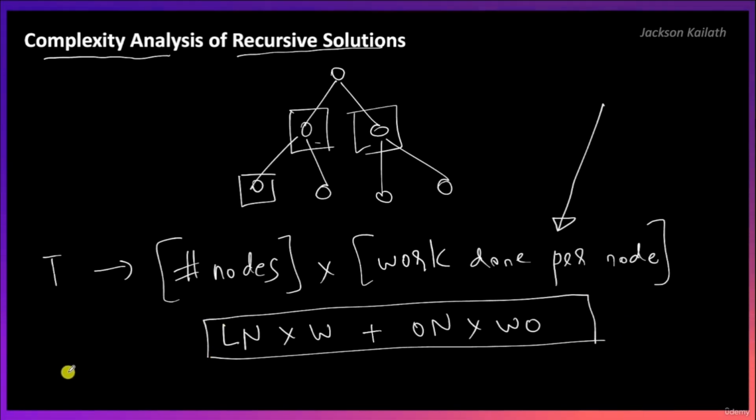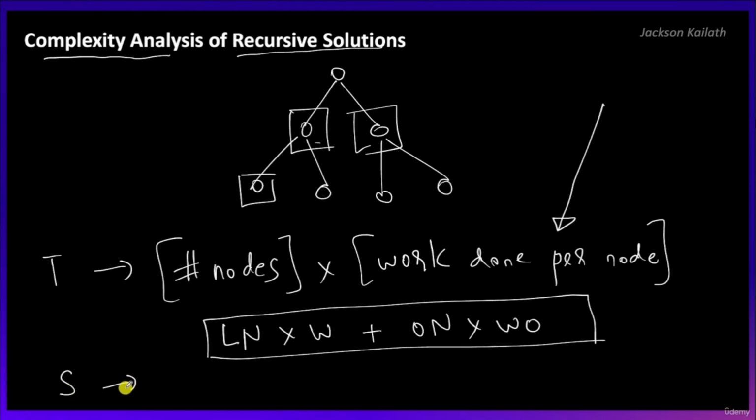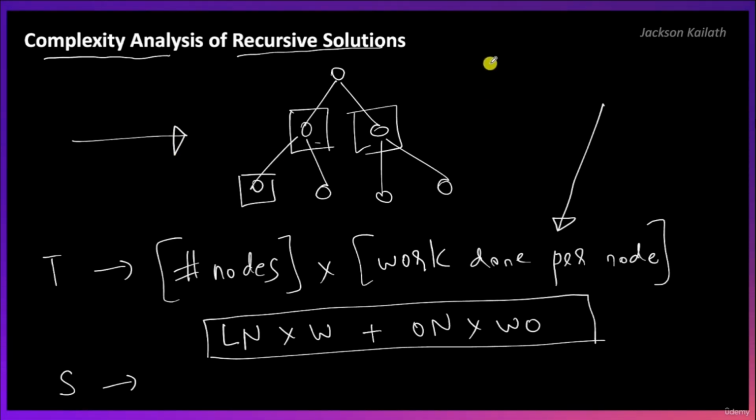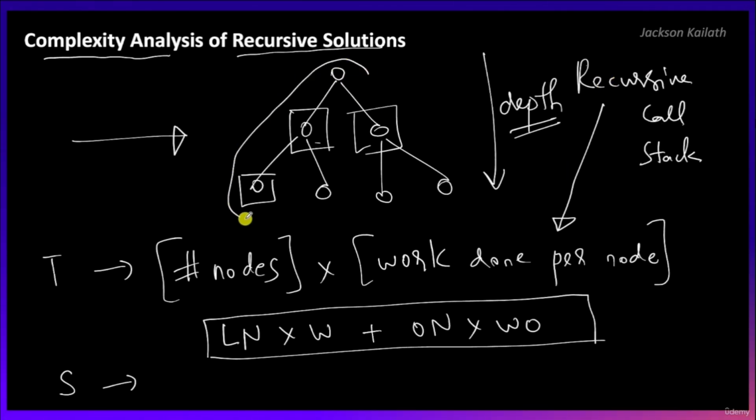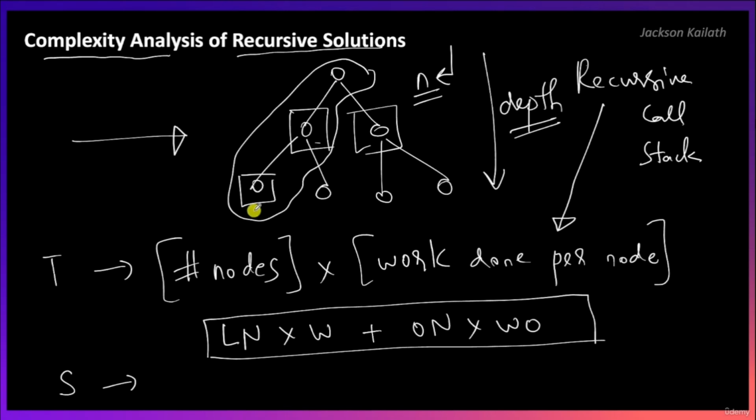Now when it comes to the space complexity, if you're only considering the recursion of the solution, then you just need to know the maximum depth of the recursion tree, because that will tell you the space used up on the recursive call stack. For example, in this case, notice that the maximum depth is equal to 3, and let's say in this particular question this is 3 because 3 is the input size, and if we call that n, the space used on the recursive call stack would be of the order of n.